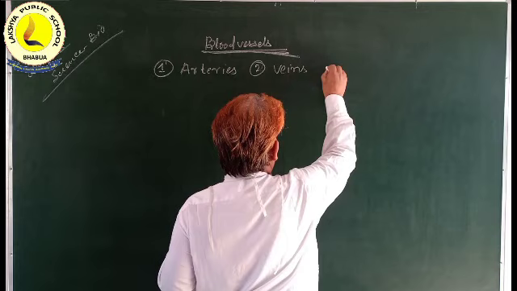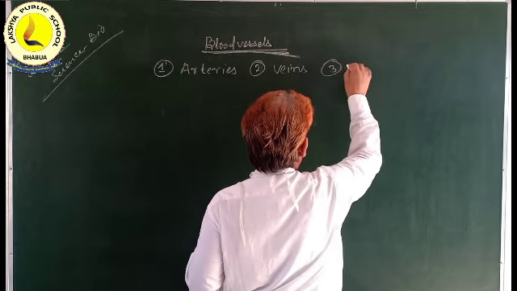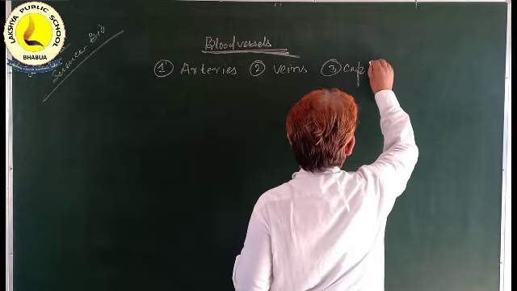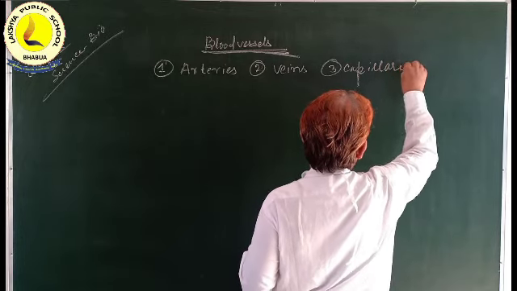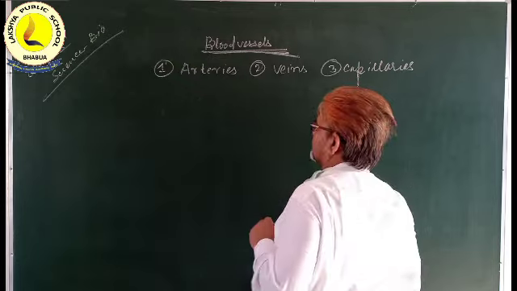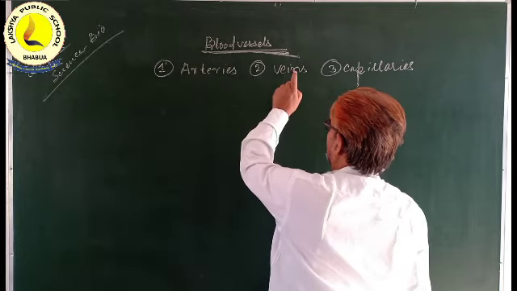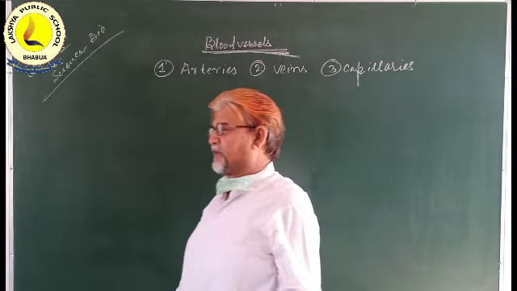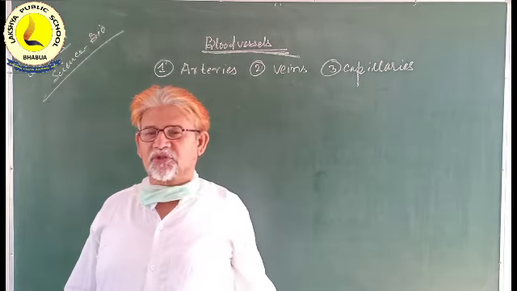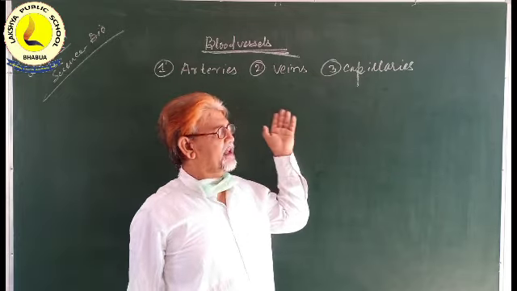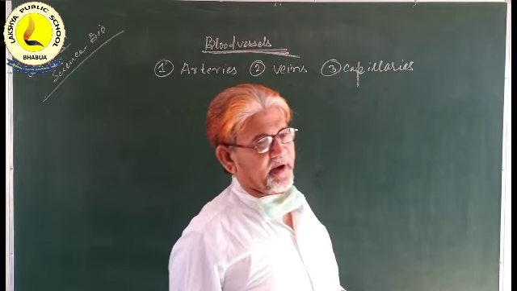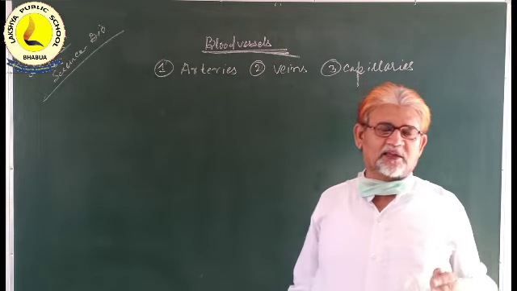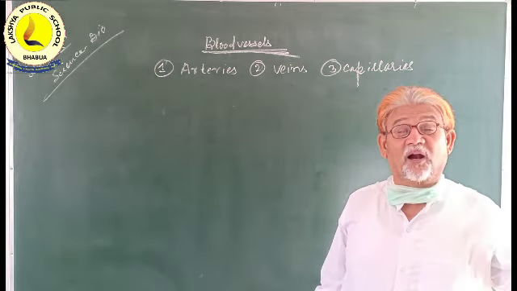And number three, capillaries. Arteries, veins, capillaries. These blood vessels are used to carry the blood to different parts of the body from the heart as well as from the body to the heart.